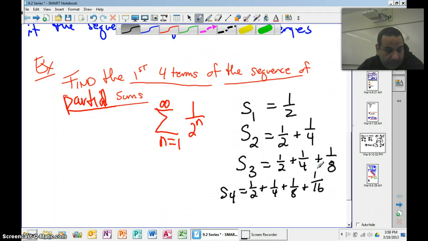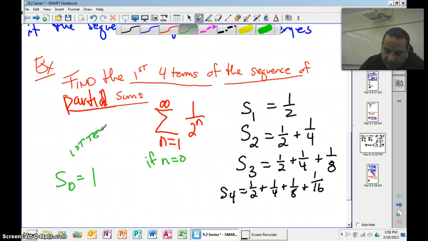Whoa, there it is. Now, if, and there's a big if, it was n equals 0, then the first 4 sums would look like this. S of 0 would then be 1. And that's the first term.